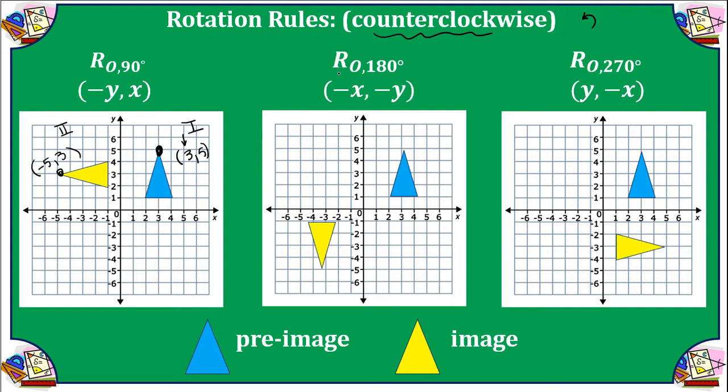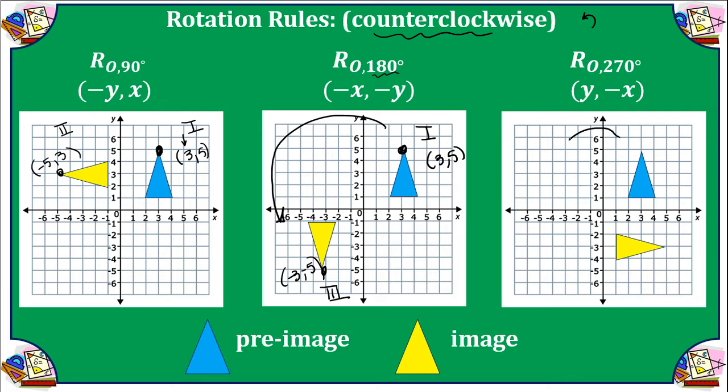Then we're going to rotate counterclockwise 180 degrees. We have moved 2 quadrants around from quadrant 1 to quadrant 3. We can notice again that we have (3, 5), and now we are at (-3, -5). So when you rotate 180, the x and y just change to their opposite value, but they don't swap positions.